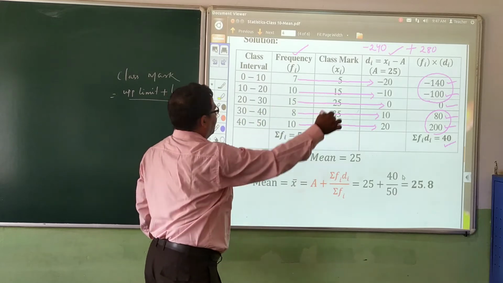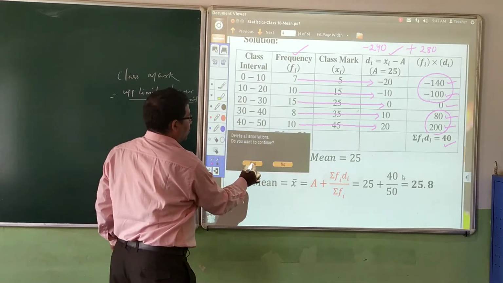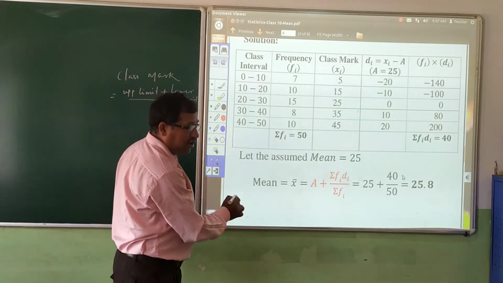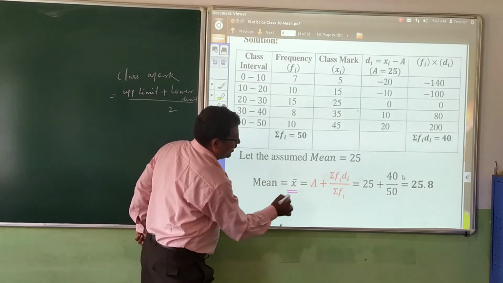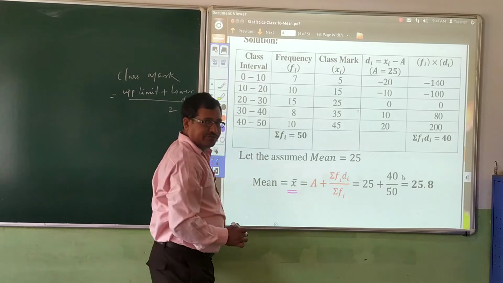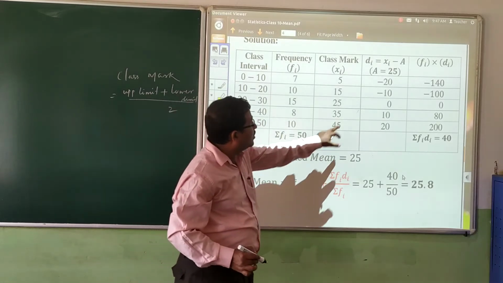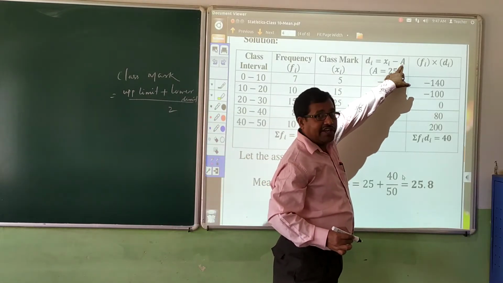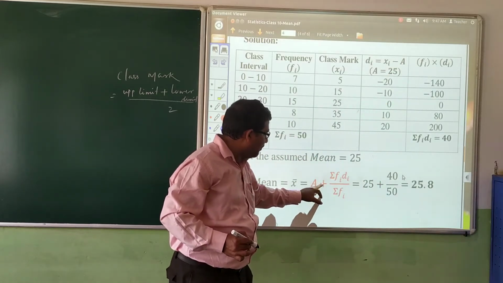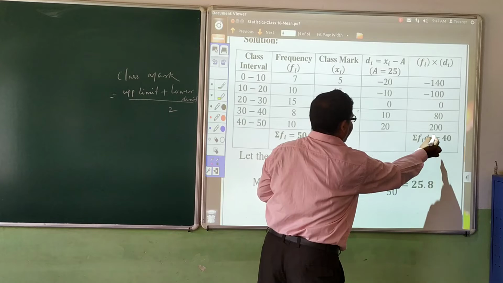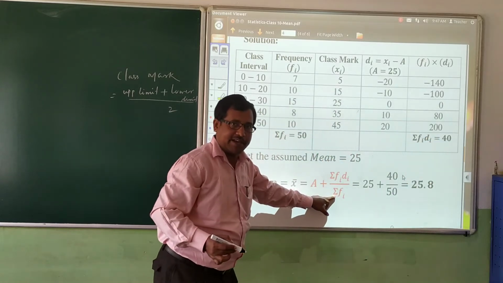So after the completion of this table, we will go to the formula. Here it will be a new formula for you. Mean x bar equal to A plus, look here, here you have subtracted, that's why you have to add here. So A plus sigma fi di by sigma fi.